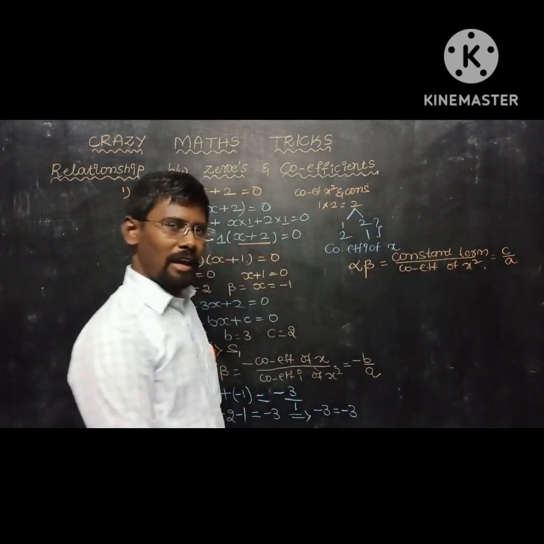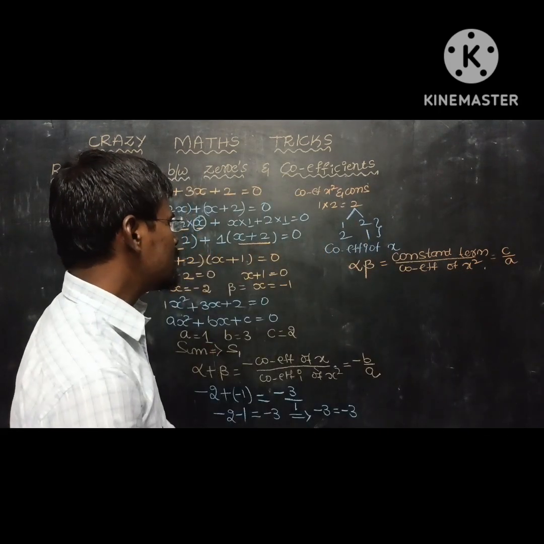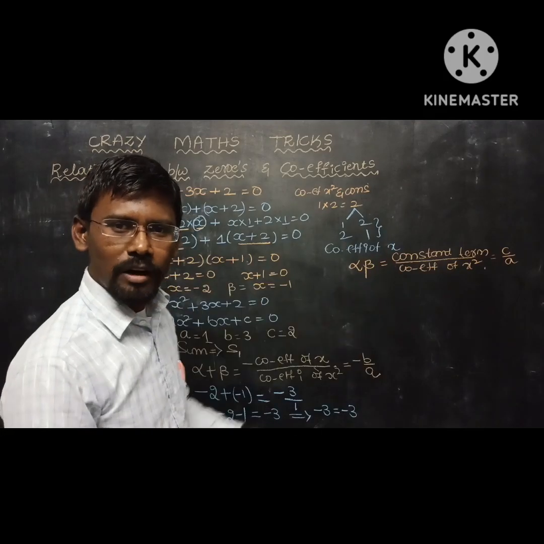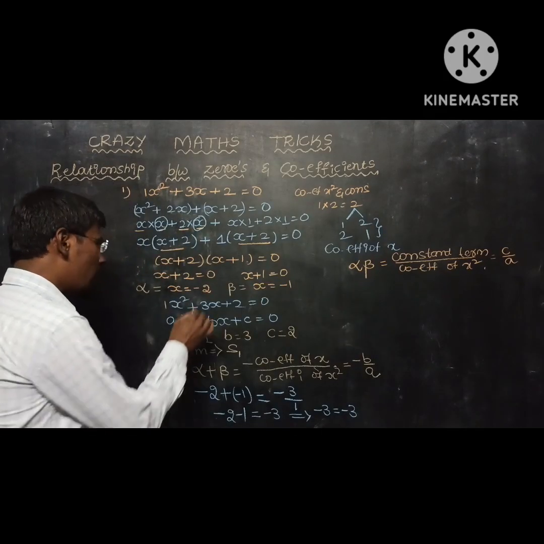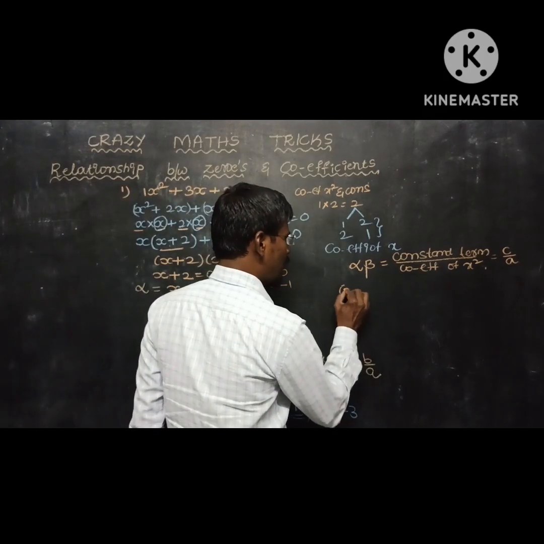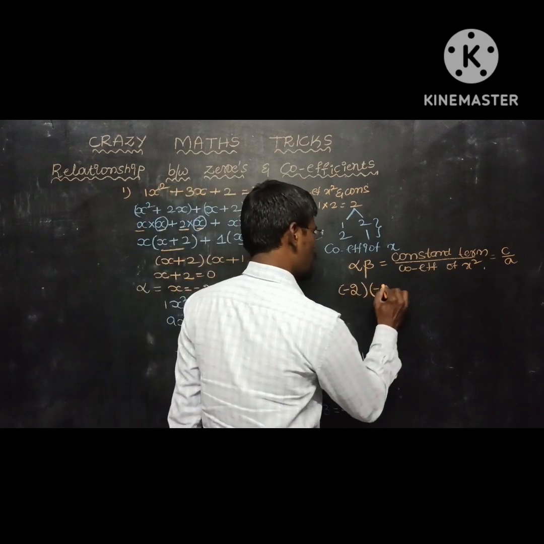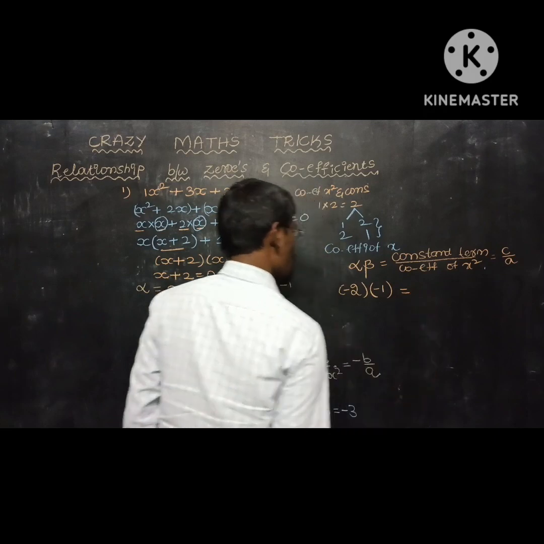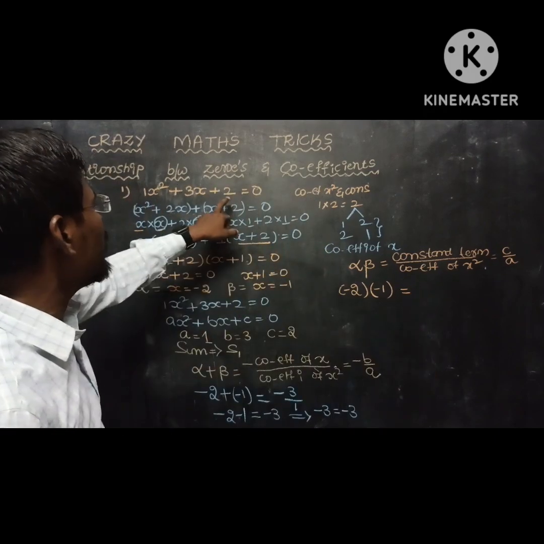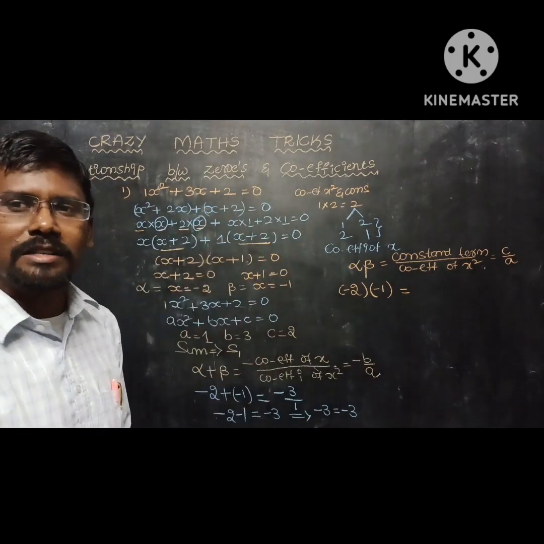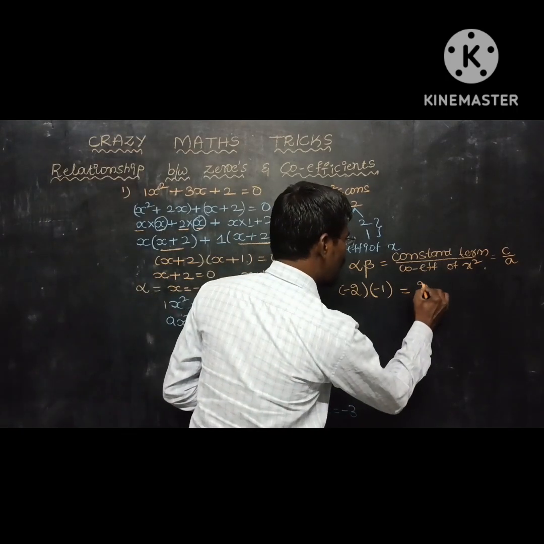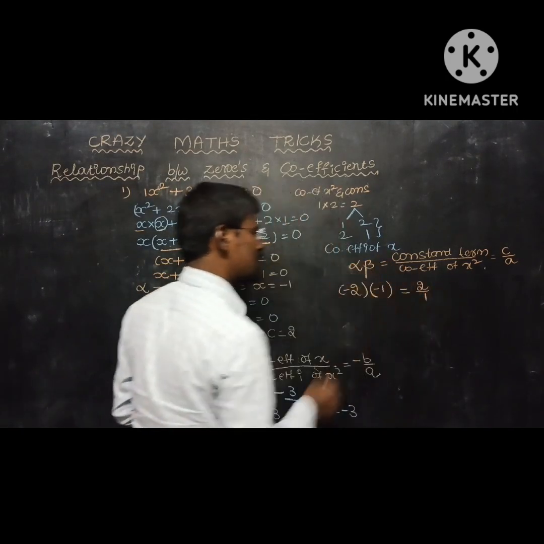C by a. Now alpha beta is nothing but our zeros. Alpha value we got here minus 2 into beta value we got as minus 1 equals. What is the constant term in our polynomial? In our polynomial the constant term is 2 by the coefficient of x square, which is 1.